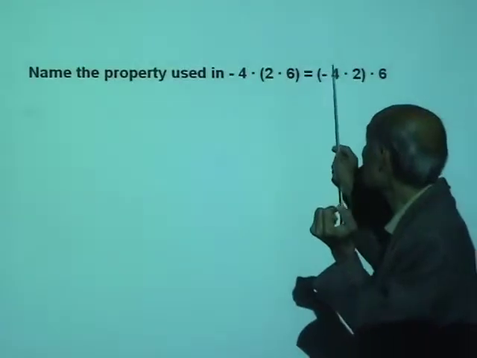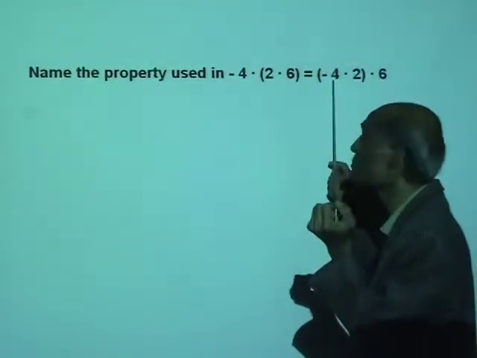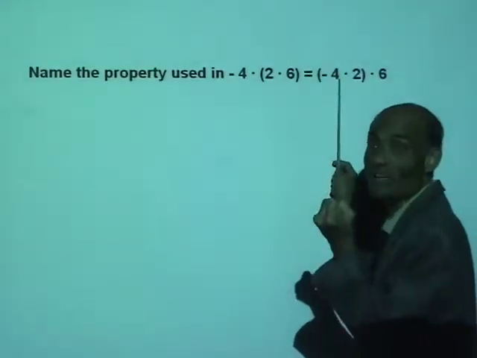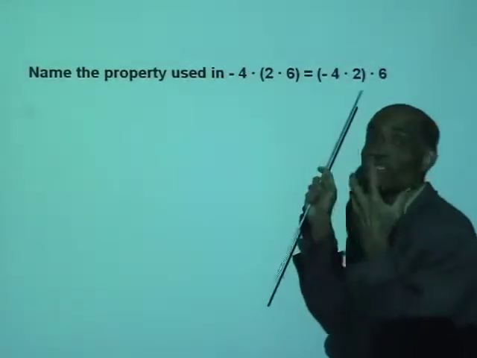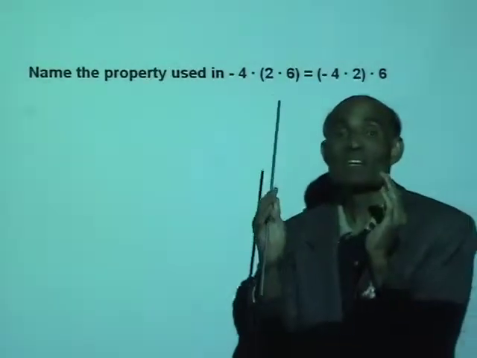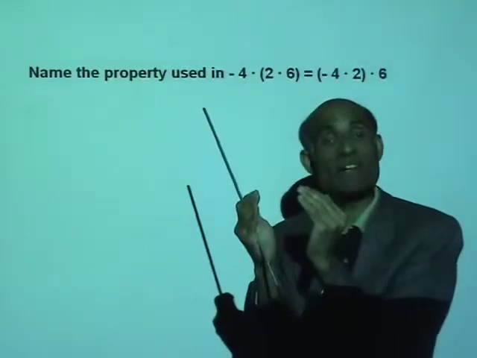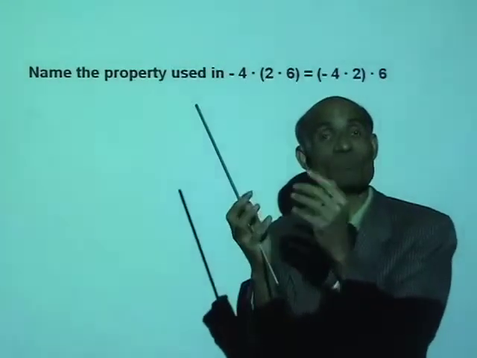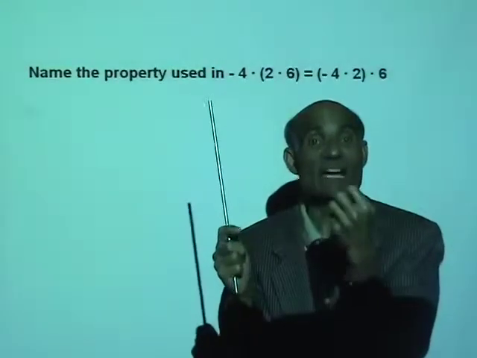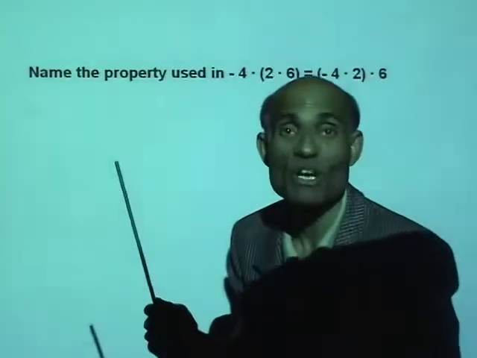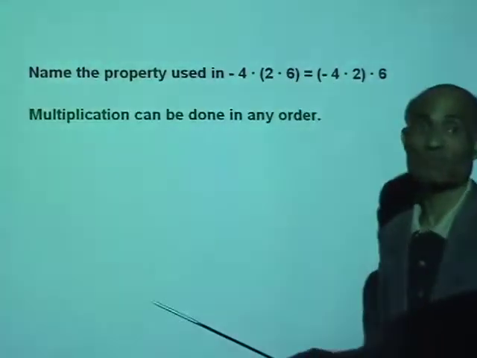On the right we grouped negative 4 and 2, multiply that and then multiplied by 6. In other words, the association has changed in that multiplication. What is the property we use there? Associative property of multiplication.